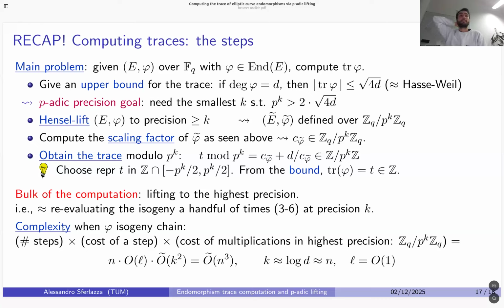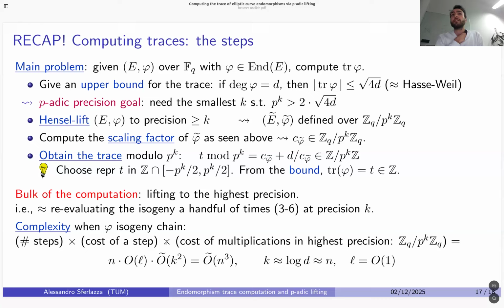So in the end, the complexity, but in the ring ZQ modulo p to the k. So the complexity of this whole algorithm, that is the complexity of this heavy lifting, is the cost of the isogeny itself. So in the case of an isogeny chain, it will be the number of steps times the cost of a step.